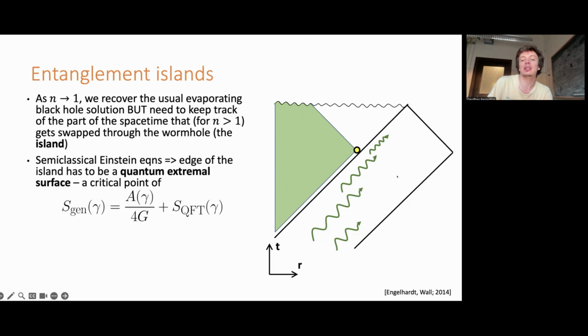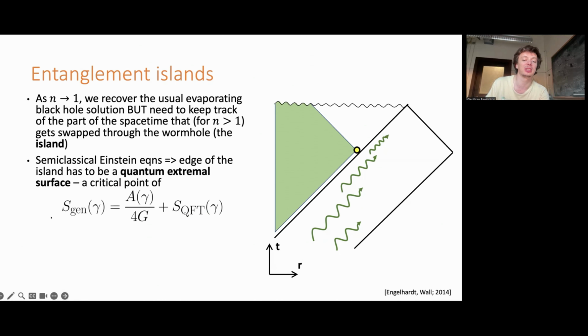So what it is, it's a surface where if you move this yellow dot a tiny bit, then the combined quantity of the area of that surface plus the entropy of everything inside the surface and all the radiation stays constant. So it's sort of a fixed point of this formula.